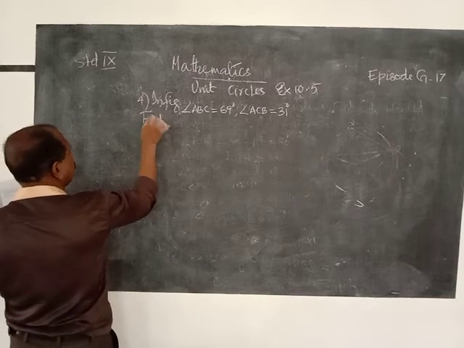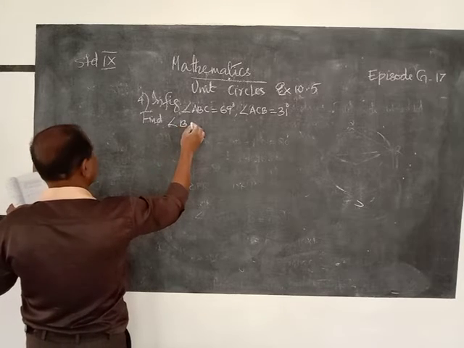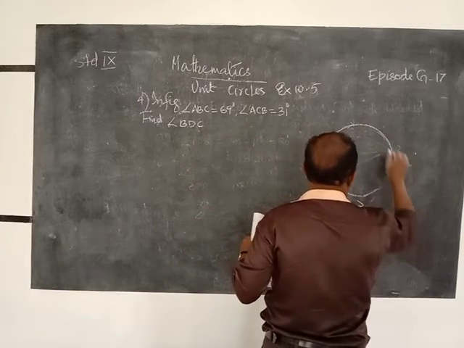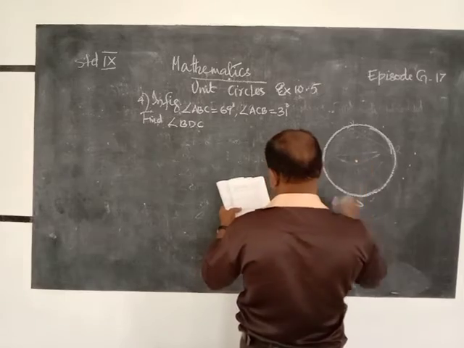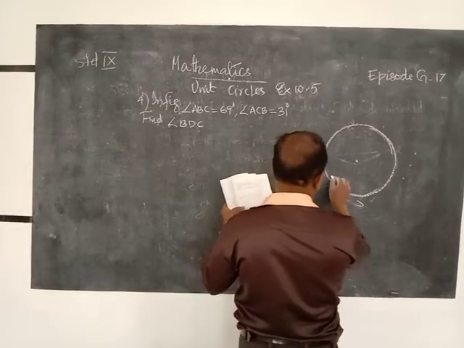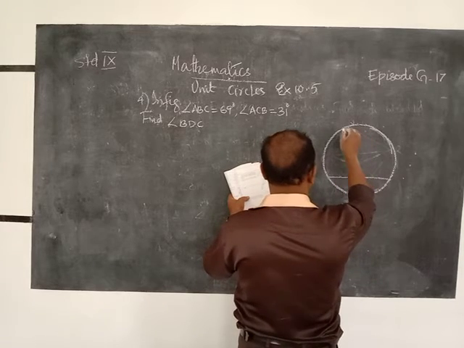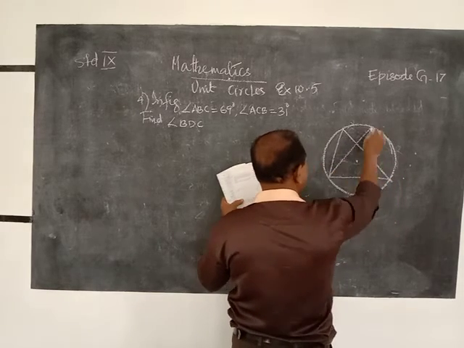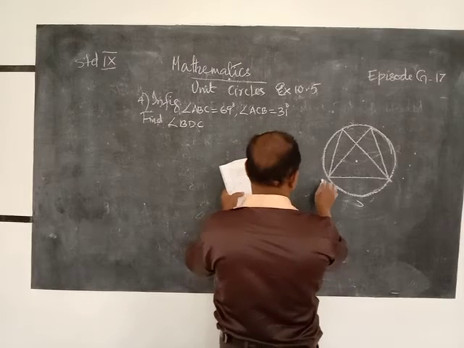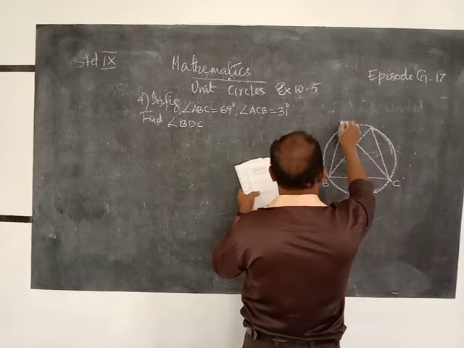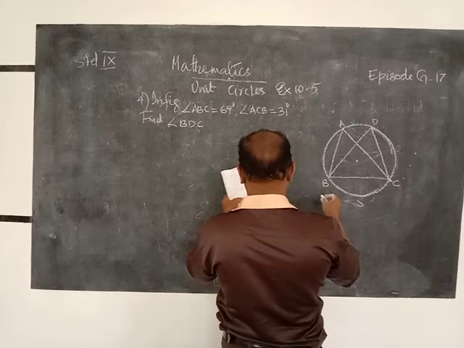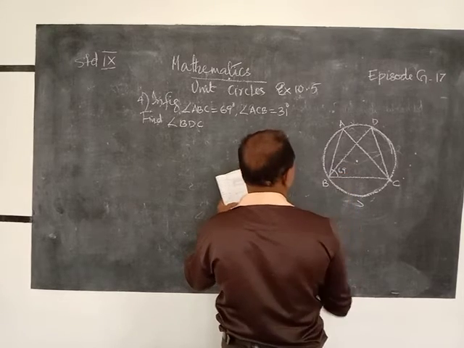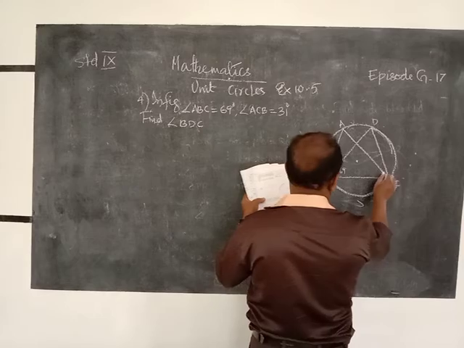Find angle BDC. This is the figure. Points B, C, A. Angle ABC, this angle is 69. Angle ACB, this angle is 31 degrees.